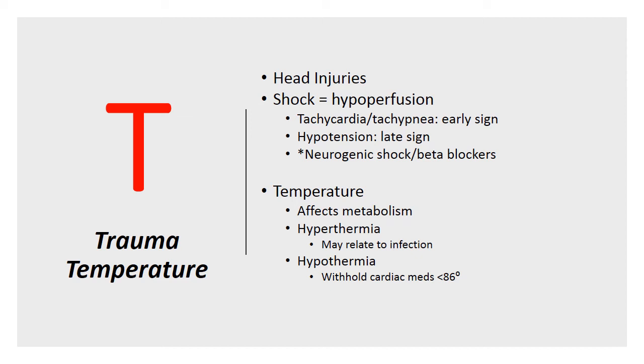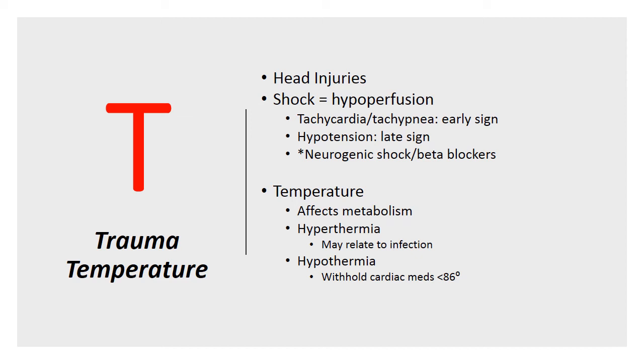Now, temperature is going to affect the metabolism. So if the metabolism is either sped up crazy fast or slowed down too much, Goldilocks isn't happy. So this homeostasis is completely disrupted. So hyperthermia could relate to a widespread infection or be related to overdoses, or they just took a bunch of ecstasy and molly, and they have a concoction of other things going on. With hyperthermia, they can lose a lot of their fluid.